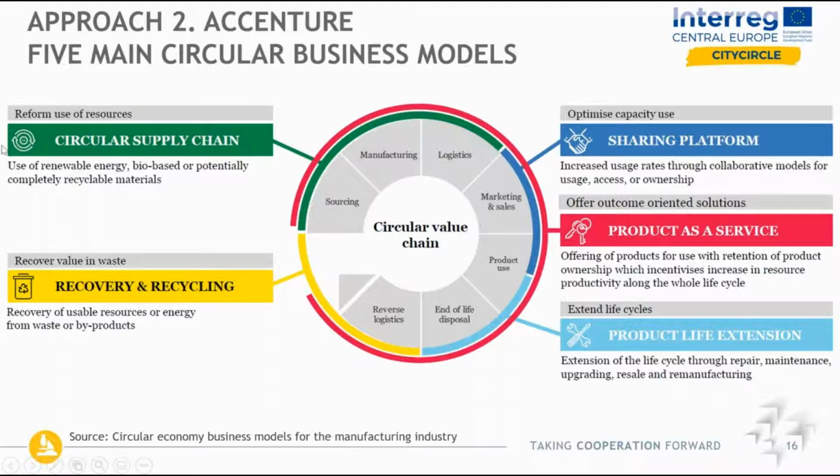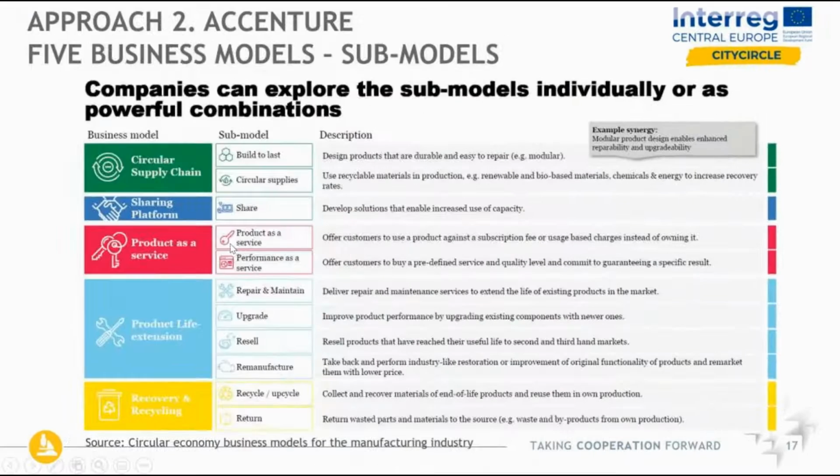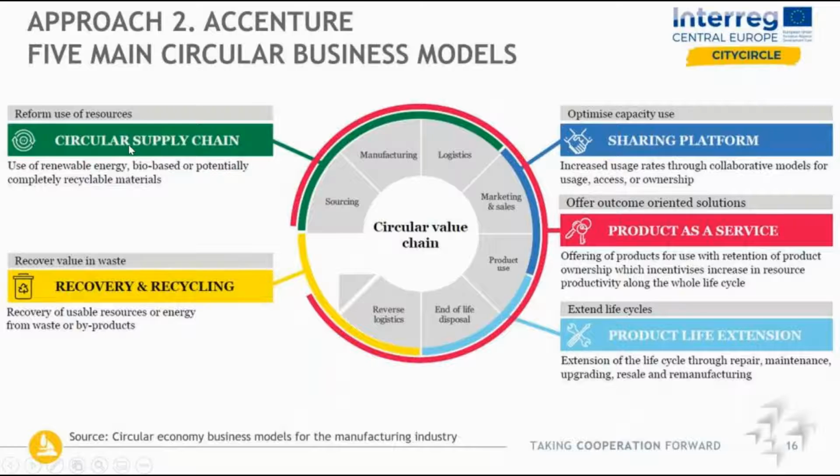And the circular supply chain. Sorry, I went too fast. Circular supply chain, which is you use only renewable energy, only bio-based or potentially completely recyclable materials. This implies that the product is designed as a circular product.